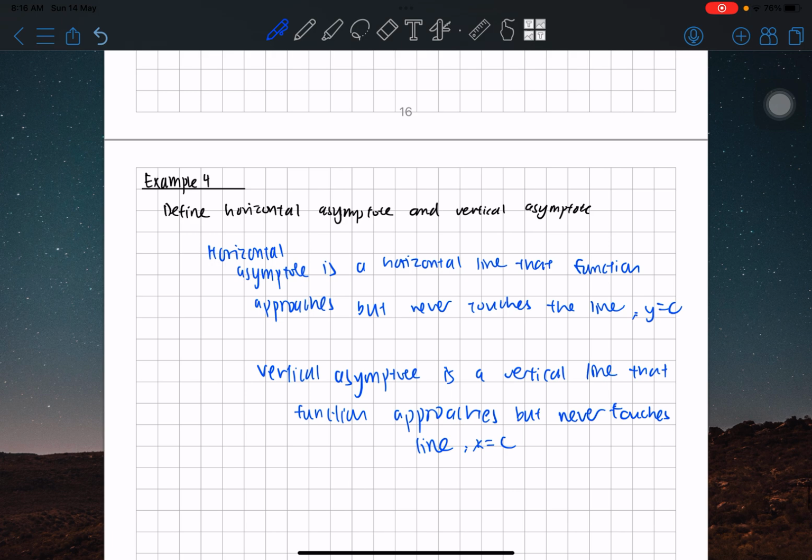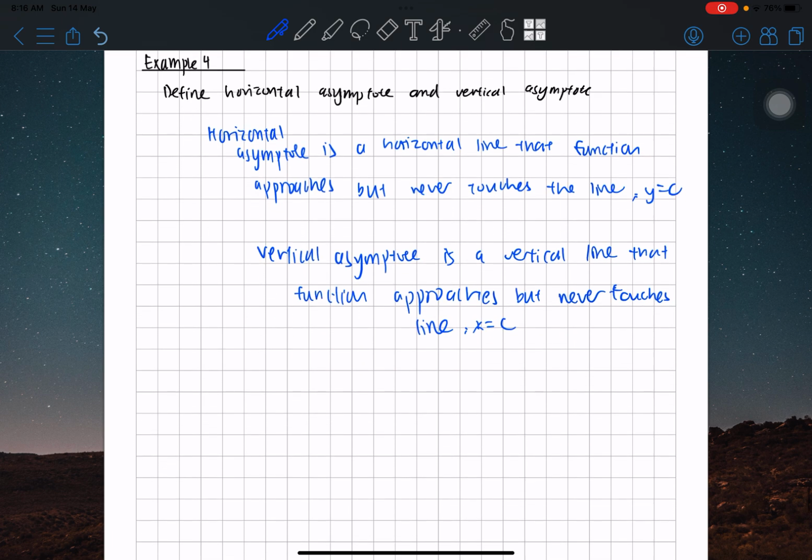And there we have it, 4.3: vertical asymptote, horizontal asymptote, and reciprocal function.